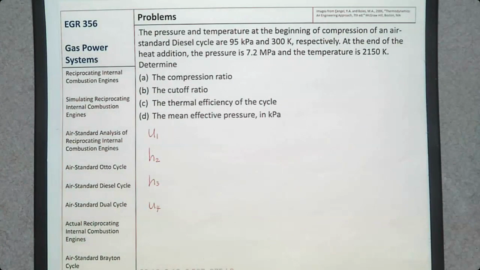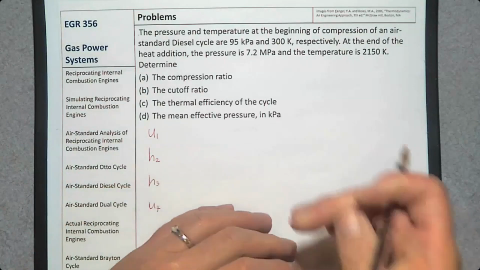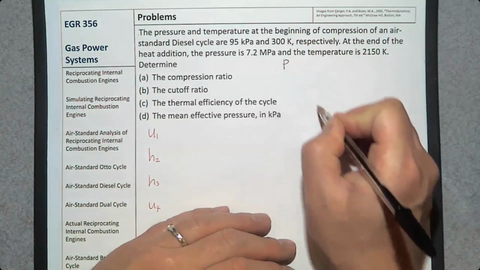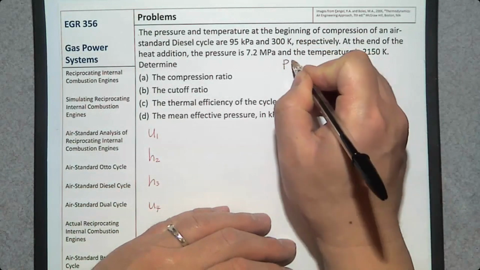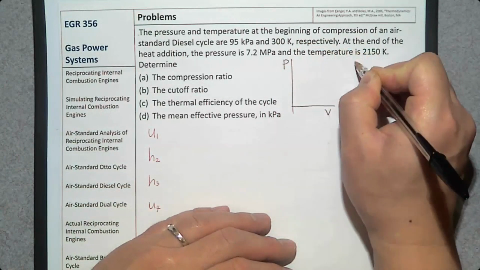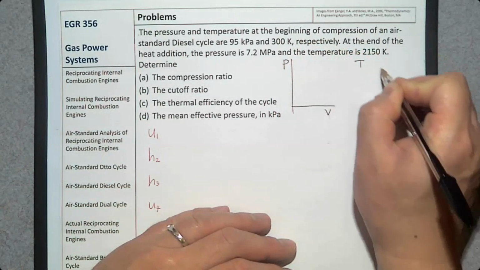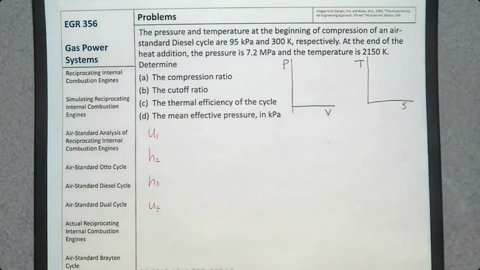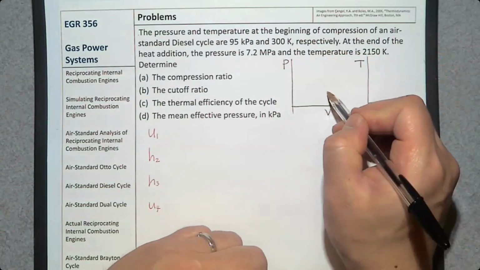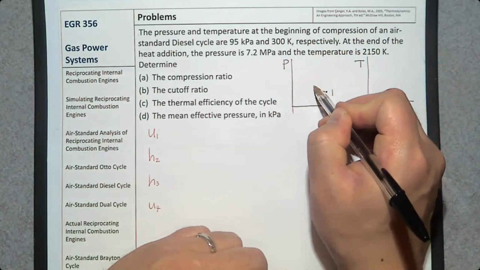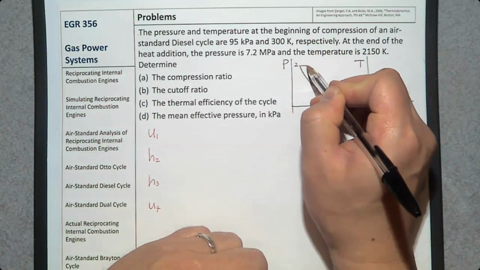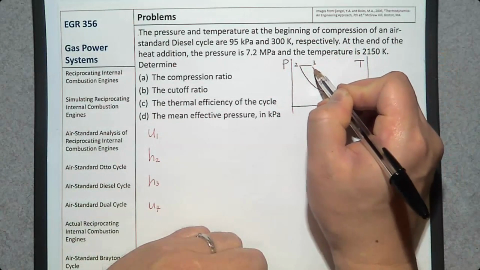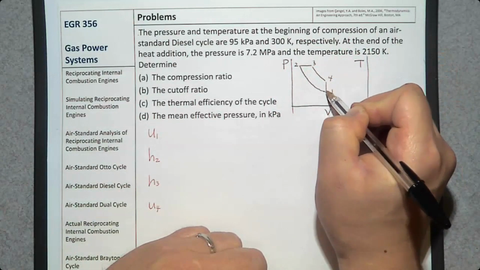Whenever you have air standard analysis, I told you that please make the TV and TS diagram, which is very simple now because we did it many times today. So we are starting from here: 1, 2, 3, 4, and back.